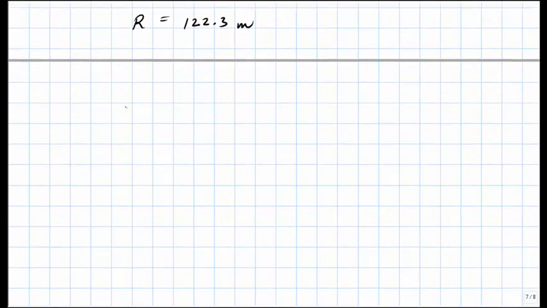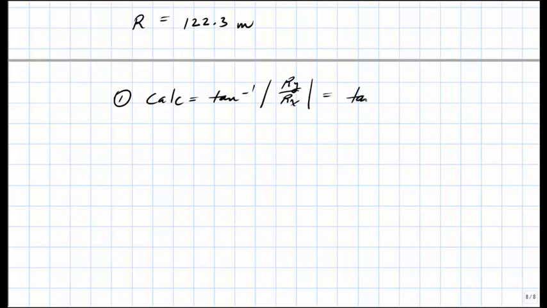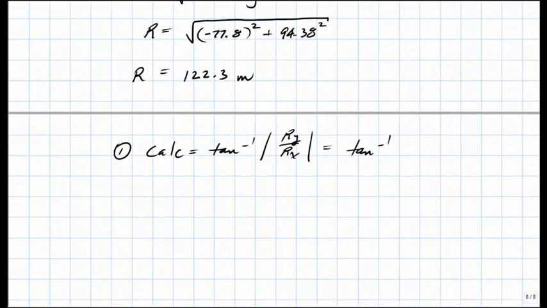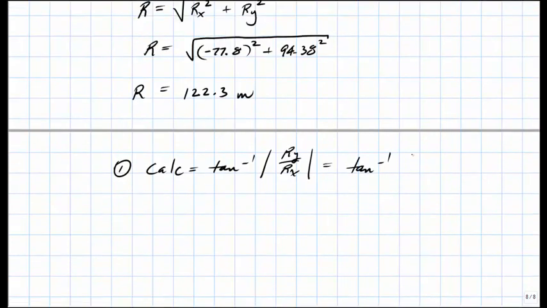So in order to calculate the angle, first of all, let's follow step 1, which is to calculate the inverse tangent of the absolute value of r sub y over r sub x. That results in the inverse tangent of r sub y is 94.38 and r sub x is negative 77.8, but the absolute value sign basically removes the negative sign.